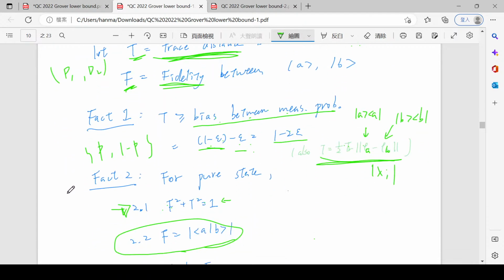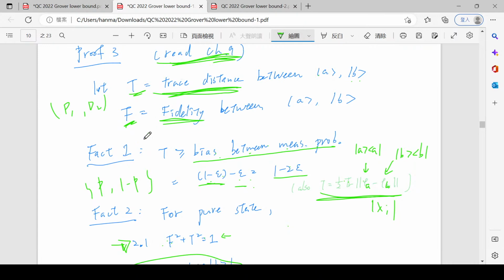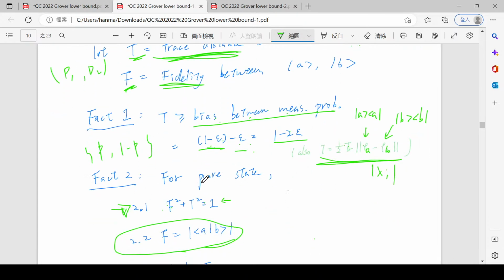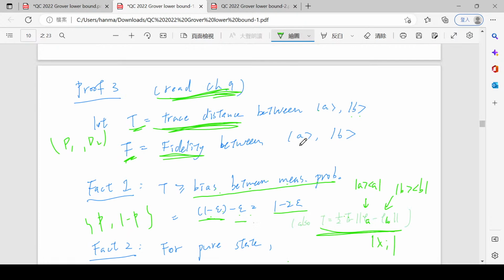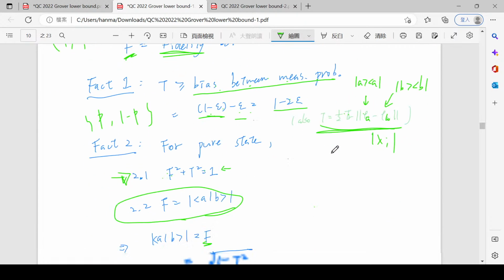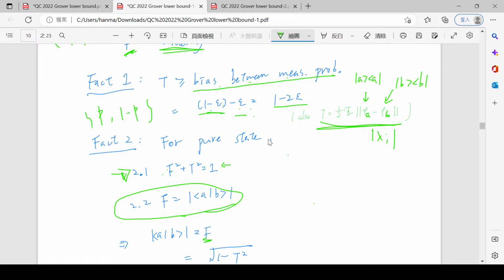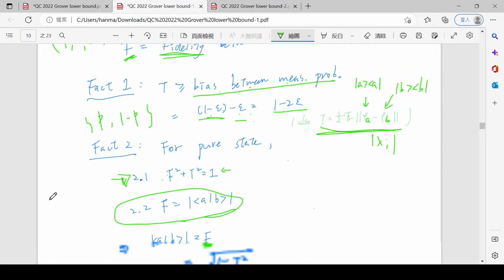The other information measure is this fidelity, which is very hard to define for density matrices, but for pure states, it's just the inner product, the thing we have been calculating. So fidelity is the pure inner product, and trace distance is the measurement distinguishing probability. And so we want the relationship.